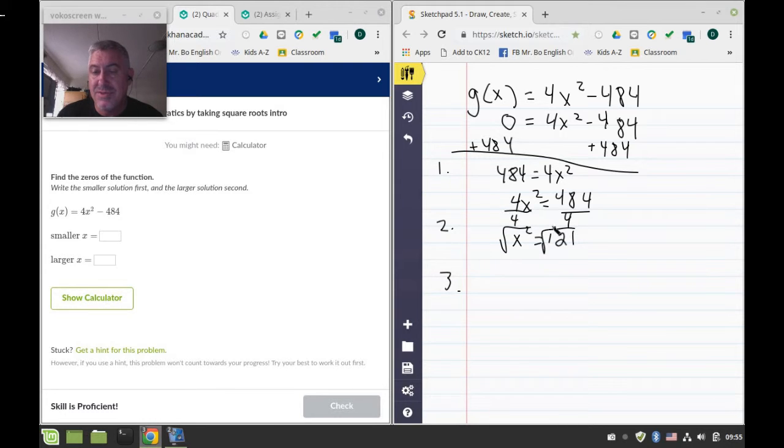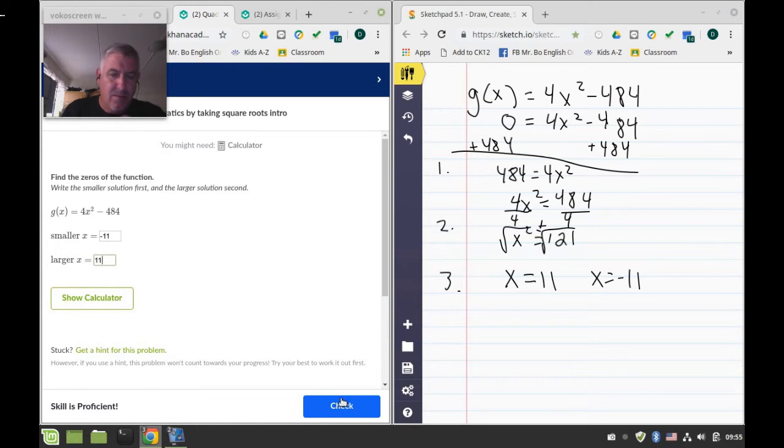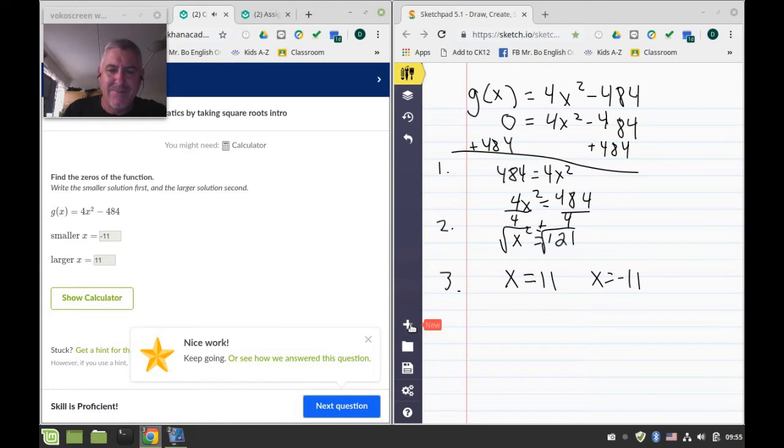When we do that, we need to remember to take both positive and negative. So x is going to equal 11, because 11 squared is 121, and x is going to equal negative 11, because negative 11 squared is 121. Khan wants the smaller number first and the larger number second.